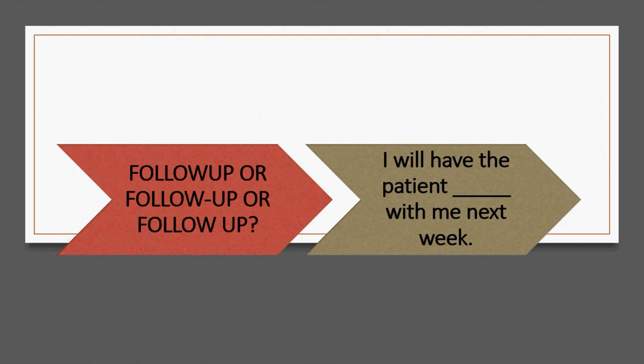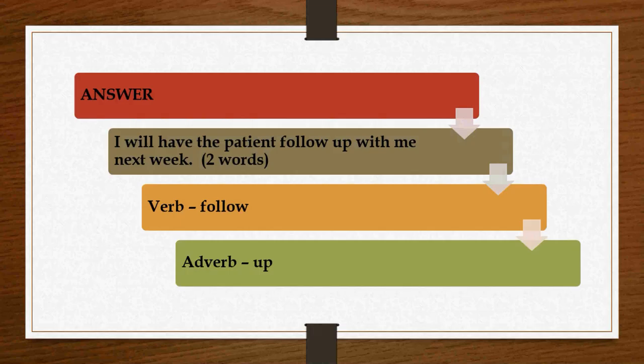So I'm going to give everybody a minute. And the answer is good. Y'all are right on it today. Follow up is 2 words. Will and to usually come before the verb follow up.